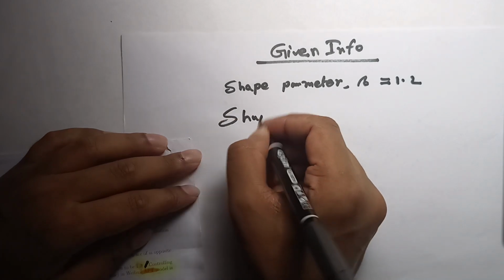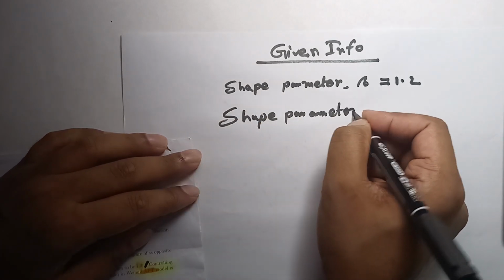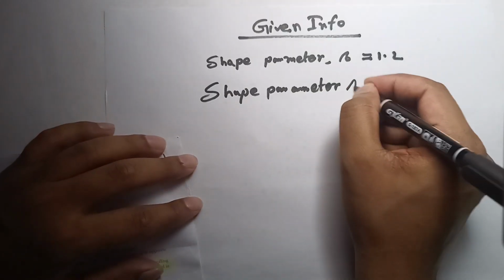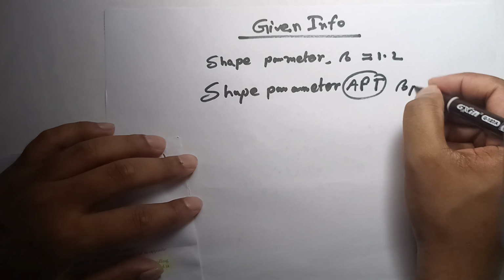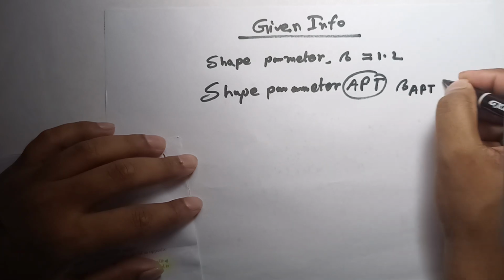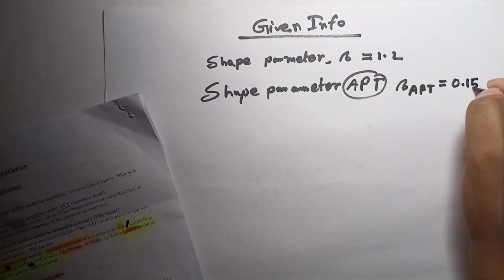Another shape parameter is given, but it is for AFT. I can write it as beta AFT, and it is 0.15.